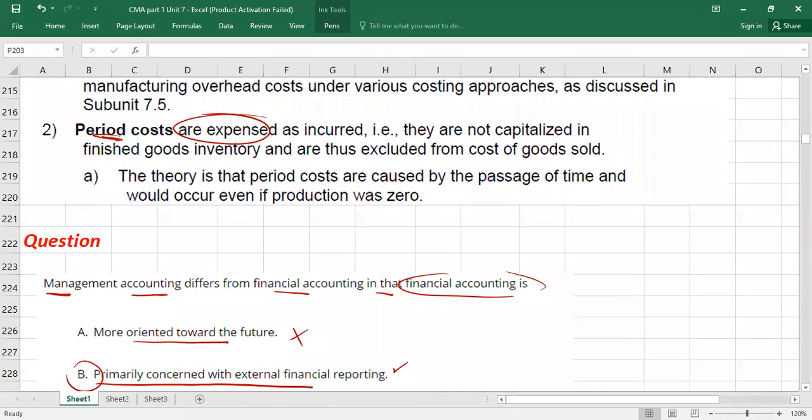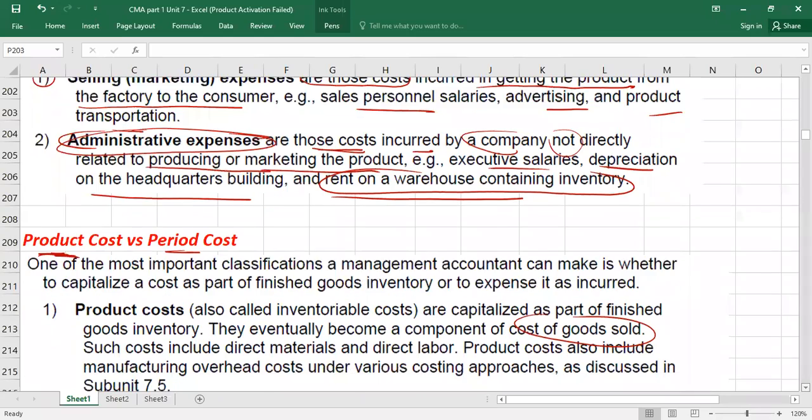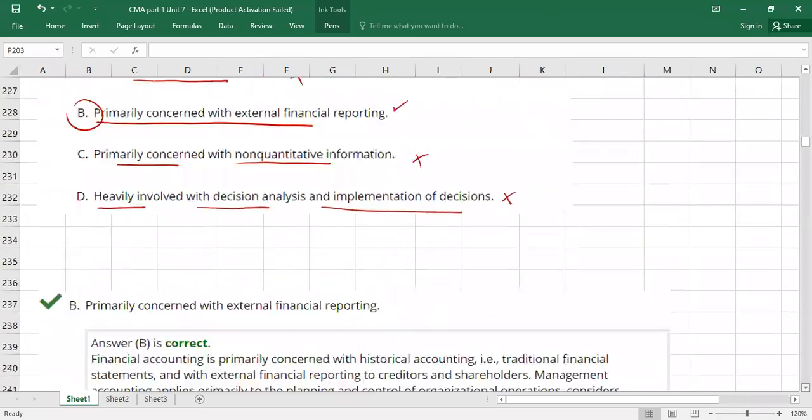That's why the data is important, you have to go through it properly. See here, rent on warehouse containing inventory is part of administration expense. My objective is just to highlight the important points, and this reading you cannot skip. You need to understand it properly. Then we have other questions. We'll do a couple of questions.